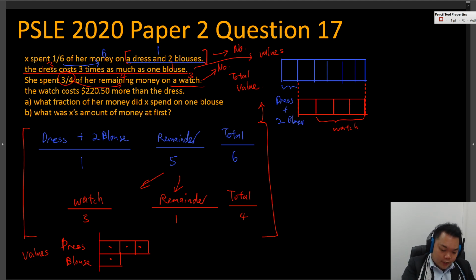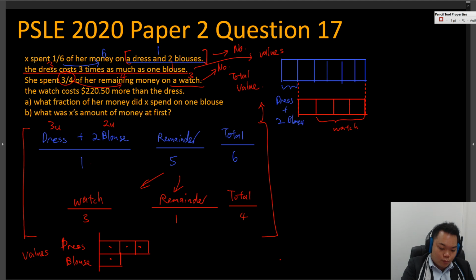So if we use 1 unit to represent the cost of 1 blouse, then 2 blouses will be represented by 2 units. And the dress cost would be represented by 3 units.